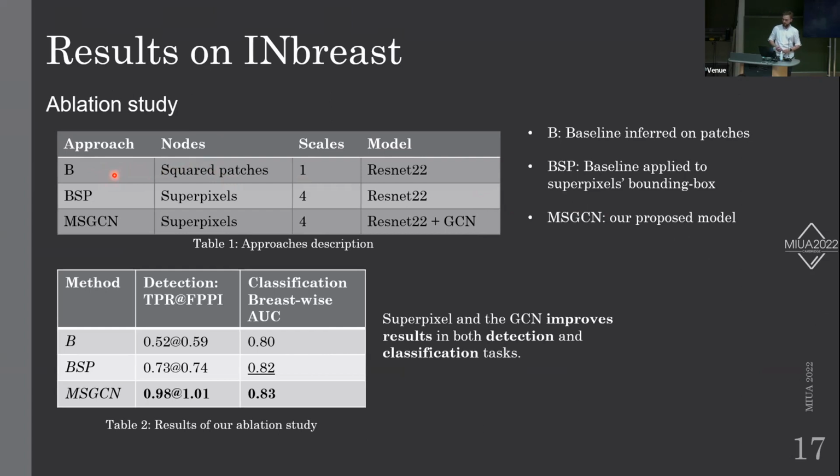So we can see that superpixels on the GCN, to include topological information, improves the results in terms of both detection and classification tasks, while also generating more false positives per image compared to the other Euclidean approach.